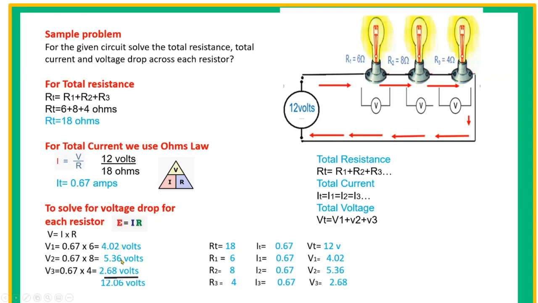We get 5.36 volts and so on. If we sum it up, it will also equal about 12 volts. In this case, 12.06 is almost the same as 12 volts, because in the formula, Vt equals V1 plus V2 plus V3. Let's proceed to the parallel circuit.